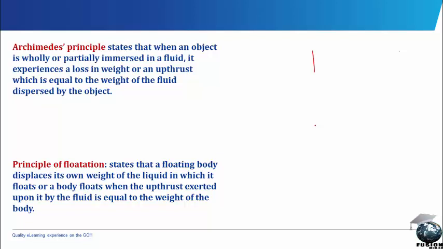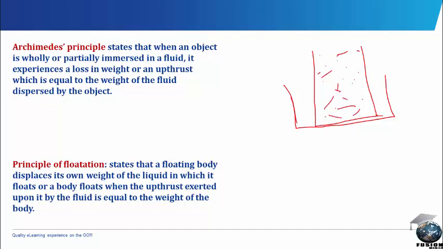What do we mean by that? If I have this to be a bucket, and here is another bucket, a collection bucket, and this bucket is filled to the brim, and all of a sudden I drop a ball inside this bucket, such that water from the bucket will keep creeping out this way.